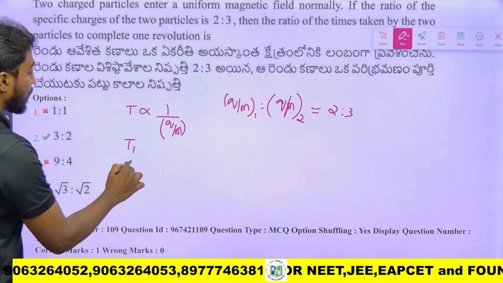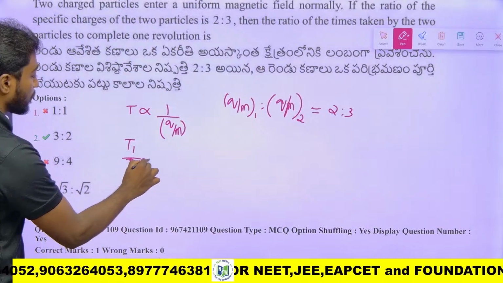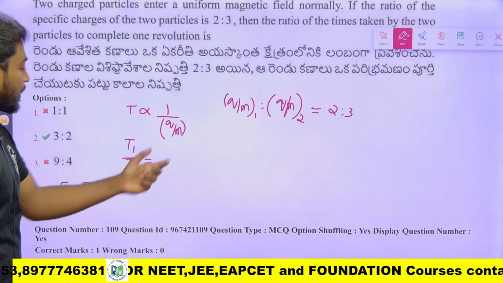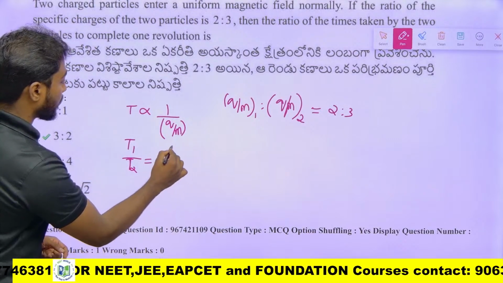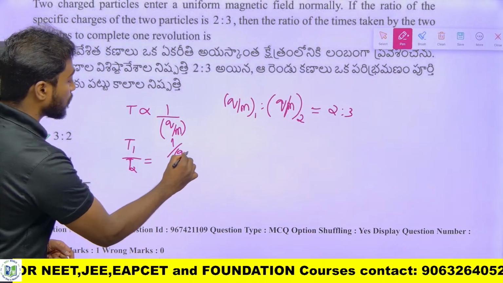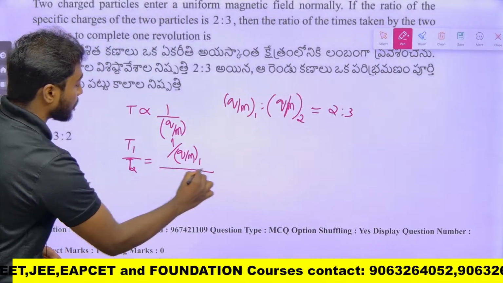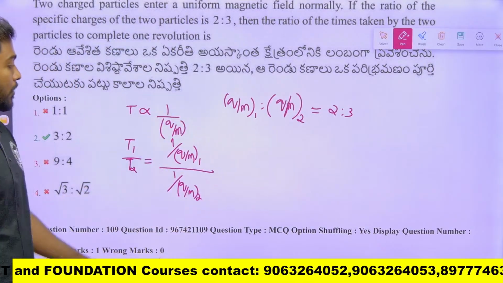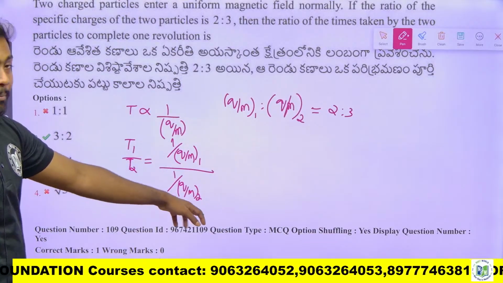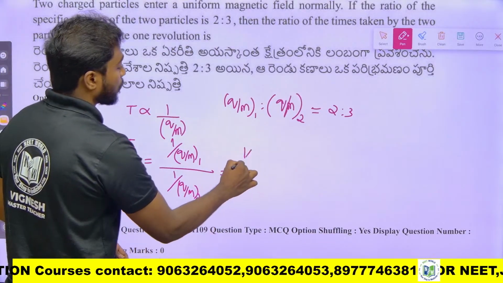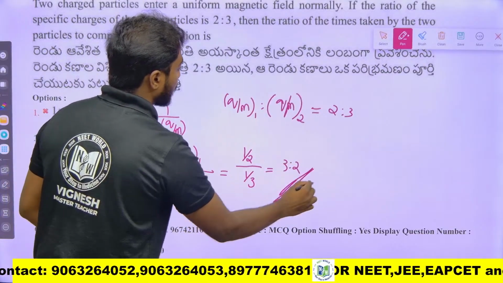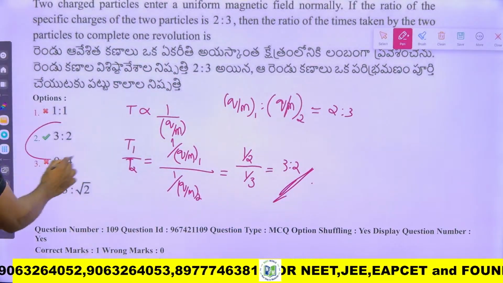So T1 by T2, this one will be down, I will write it here, 1 by Q by M 1 by Q by M 2. So 1 by 2 by 1 by 3, which is nothing but 3 is to 2. This is the answer. Yes.